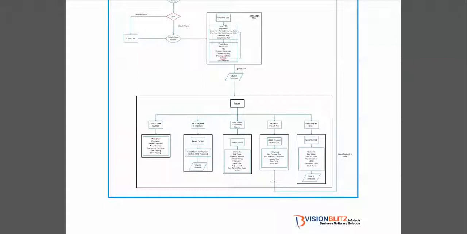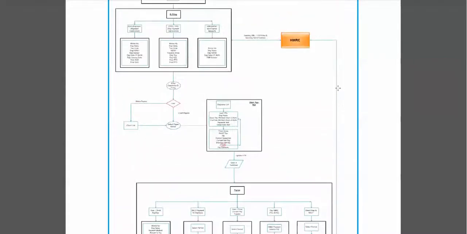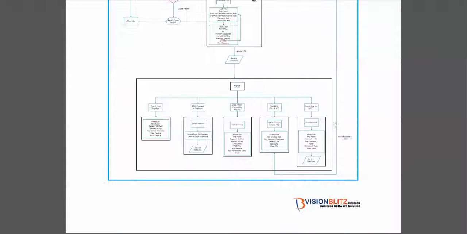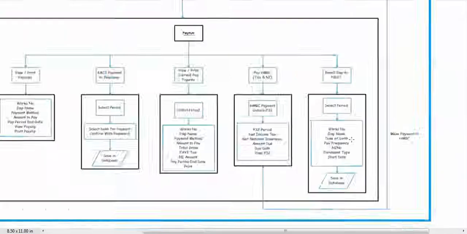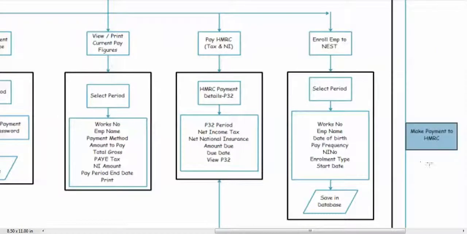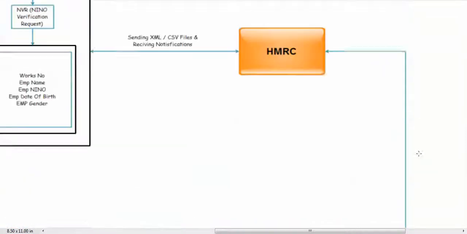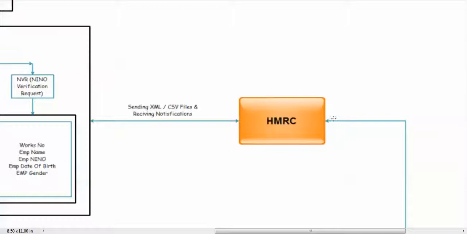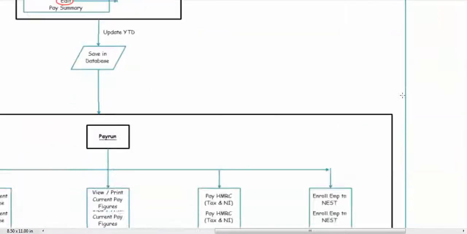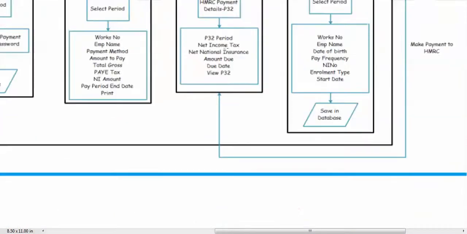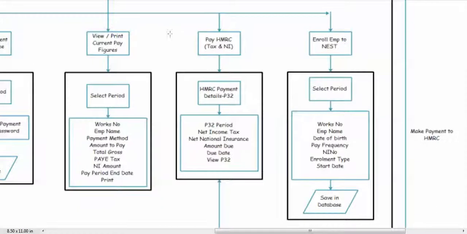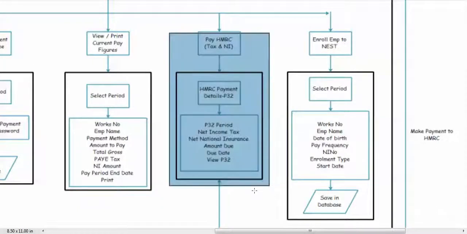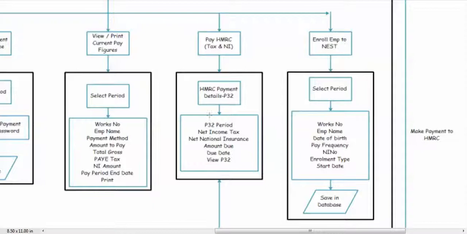So as we see here, we can make payment to HMRC. Once the payment has been done, as a response we will get a notification back, and we can save the notice in our database for our future use or as proof.